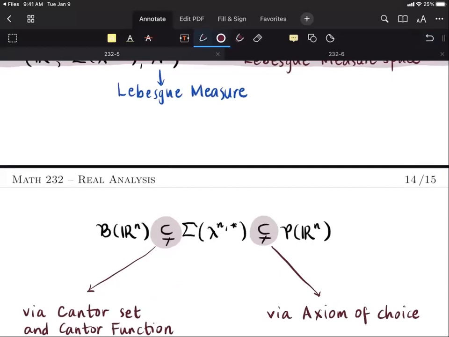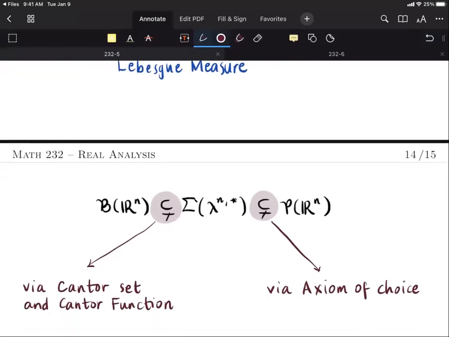And an example can be provided via the Cantor set and the Cantor function, which is similar to what they call the Devil's staircase function. So you can look at that if you want to know about Cantor sets and Cantor functions. We will not go into the details of this construction. You can look at the references of our course notes for the Cantor sets and the Cantor functions.